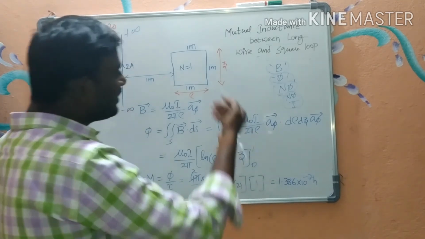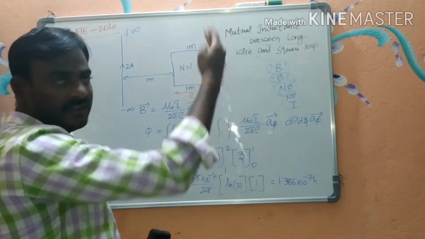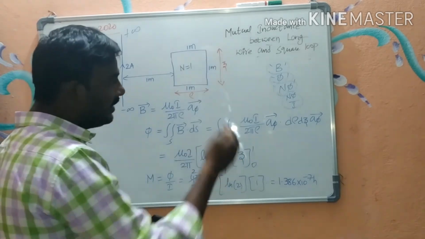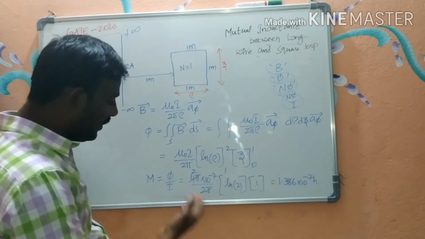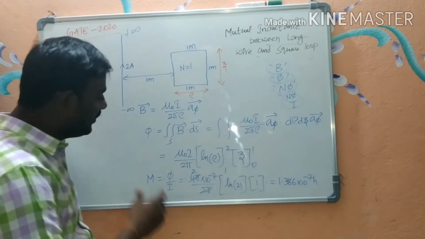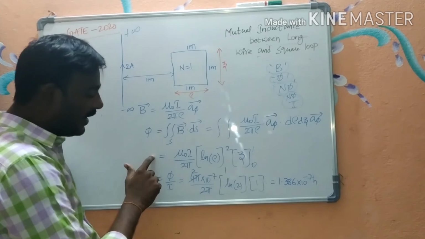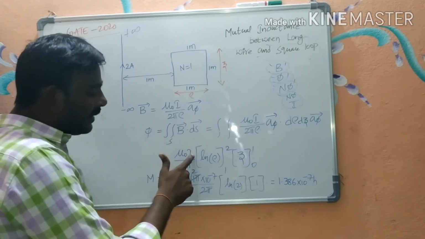The variation of z for the conducting loop is from 0 to 1, hence I took z equal to 0 to 1. By substituting the required values, this is the flux phi, created by this current.